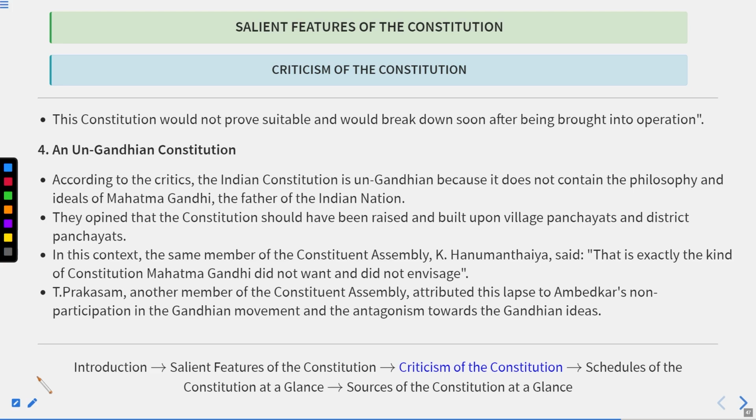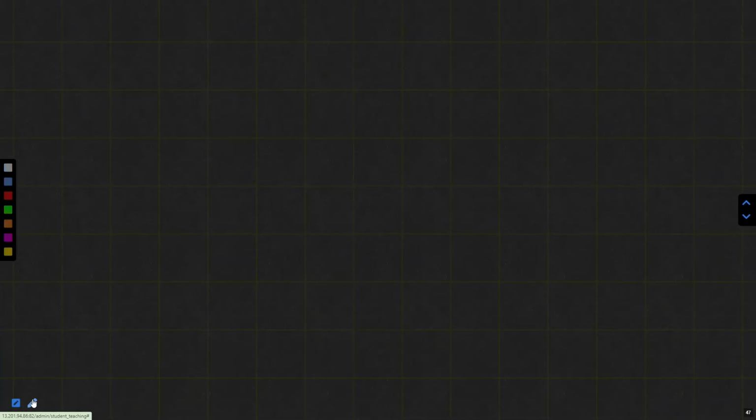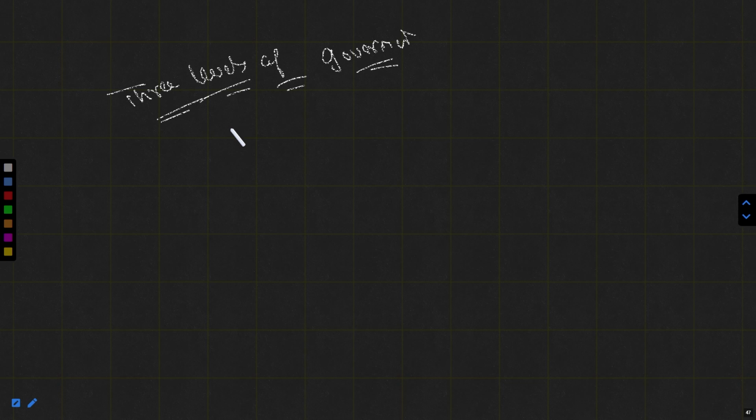Now, here's the thing. Like in the salient features of the constitution, we had discussed the three levels of government, right? We said in India we have the three levels of government, means the central, the state, and the local.